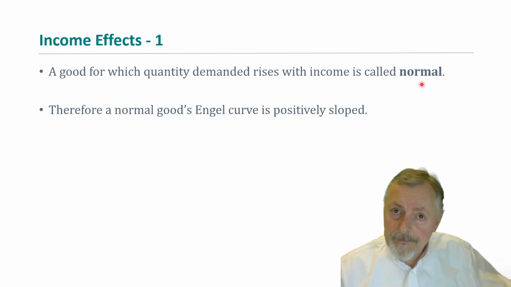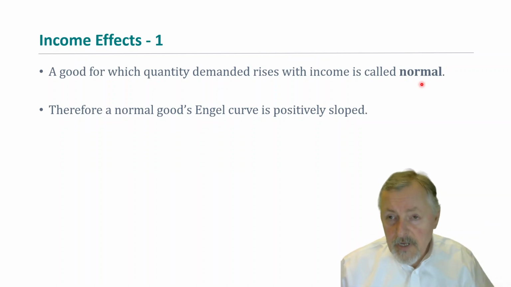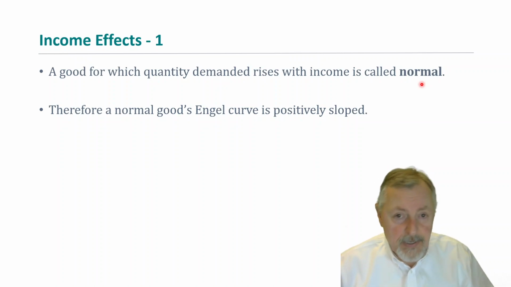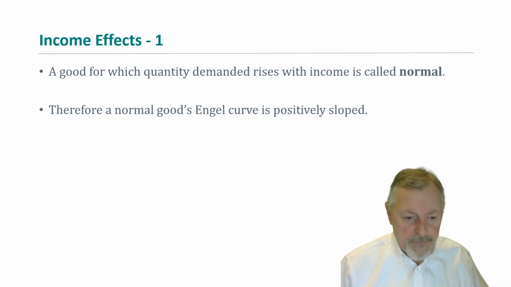It's not a good for you. If you will buy it at some price, that means you like it to some degree. If your income goes up, you can afford more of it, you're probably going to buy more of it, as well as more of everything else. So the Engel curve is positively sloped. As your income goes up, you buy more of the thing. That's the example we saw before.